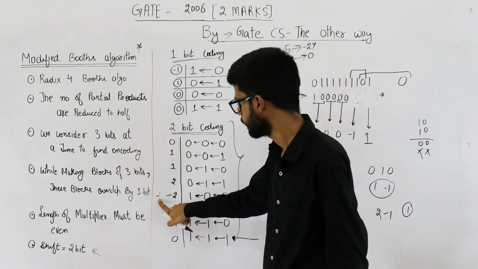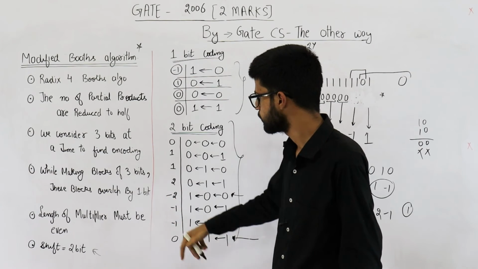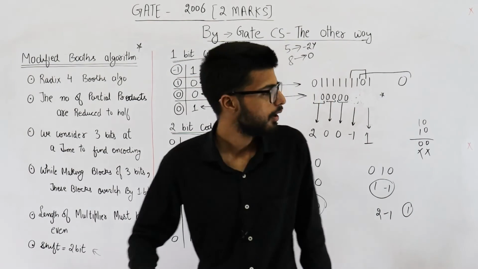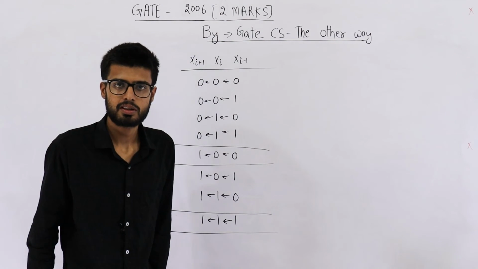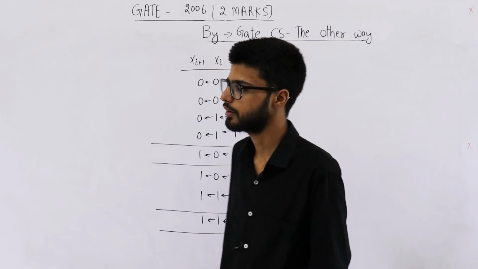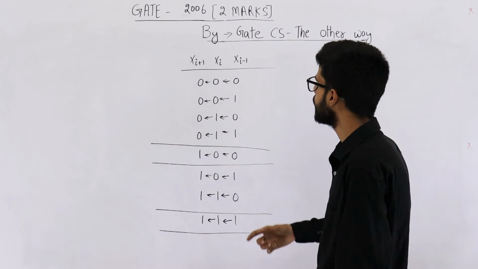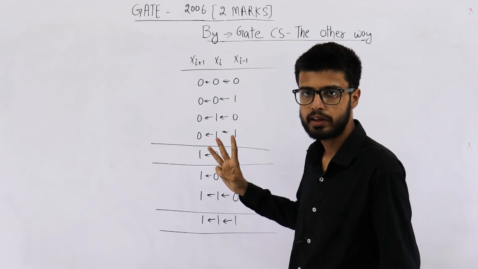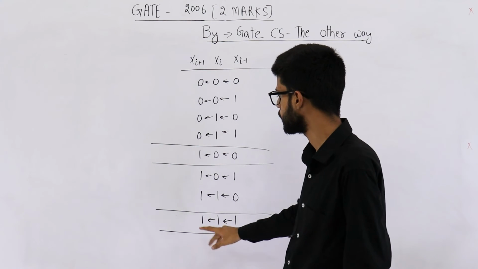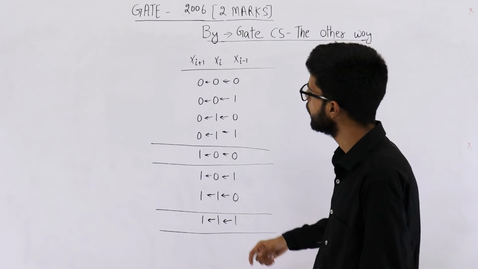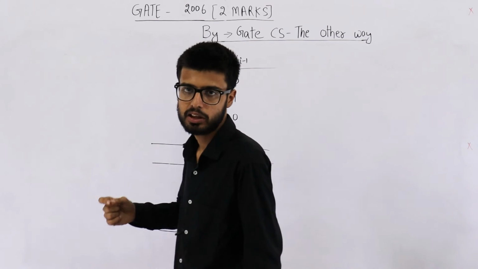Okay. You have also memorized this table now and I hope you understood all this stuff. So now if you want the shortcut and you haven't even memorized this table, then have a look. If at any time a block of 3 bits is 0, 0, 1 or it is 1, 1, 1, that means the 5th or 8th line, then what will be the partial product?